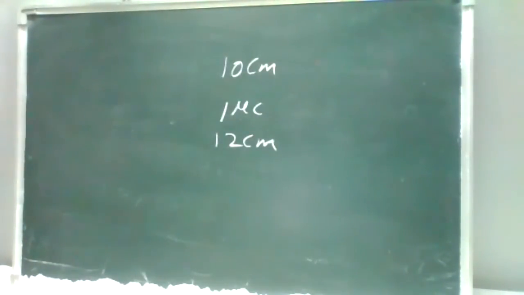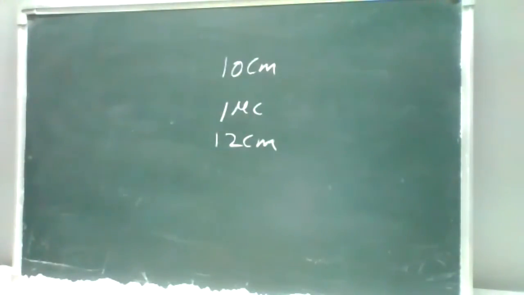I'll repeat the question. Calculate the electric field due to an electric dipole of length 10 centimeters, having charges of 1 microcoulomb, at an equatorial point 12 centimeters from the center of the dipole.